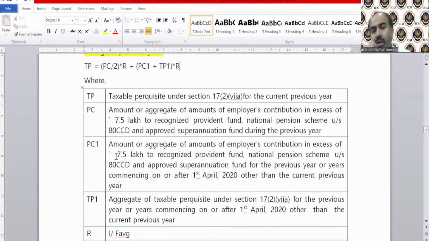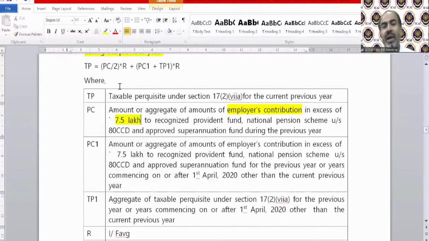PC is the amount or aggregate of amount of employer contribution. If your employer contributes to your NPS, RPF or superannuation fund in excess of 7,50,000, then that excess will be called your PC.